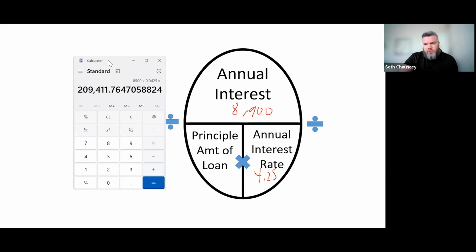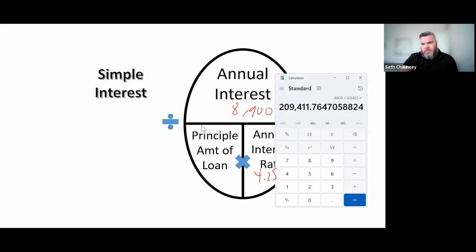Same thing too, if you're a linear equation person, you'd be saying loan amount times 4.25% equals 8,900. And remember, if you divide by 4.25% on this side, it eliminates it.